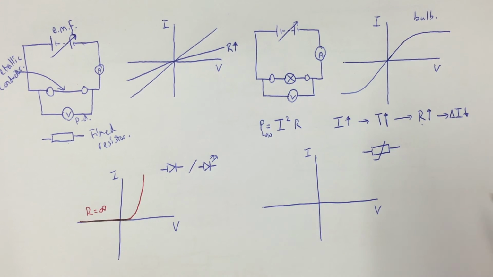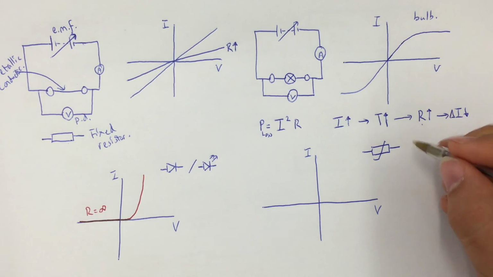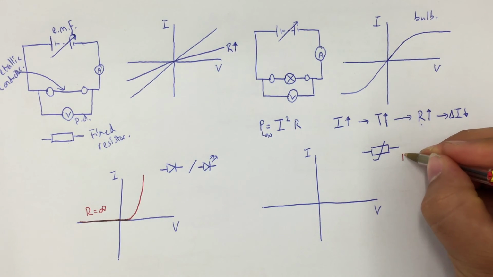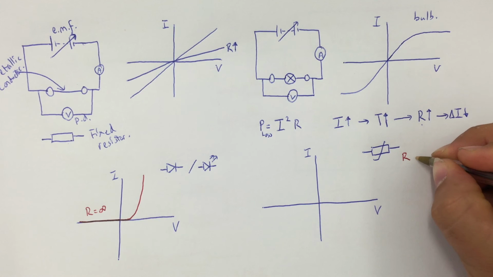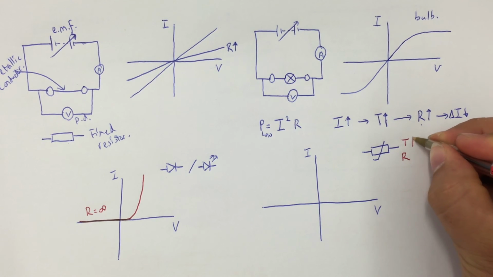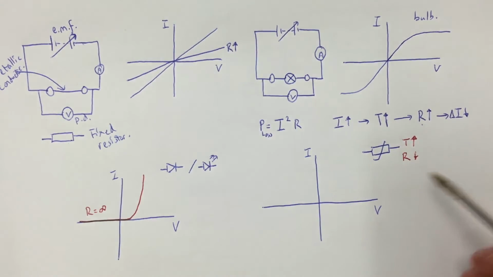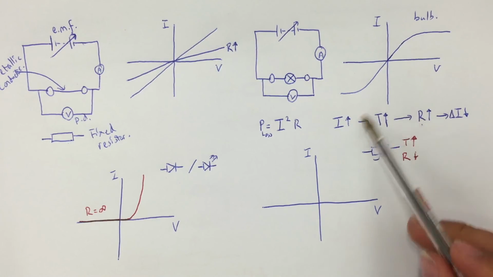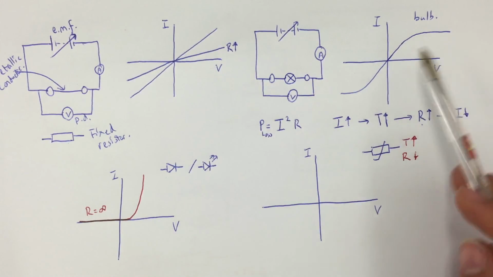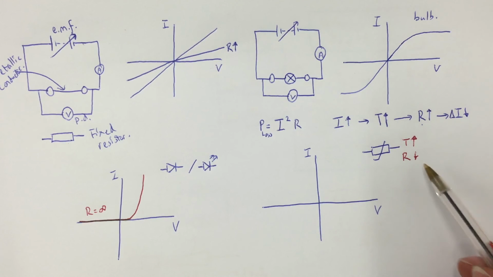Now a thermistor is related closely to the bulb, but obviously it works in the opposite way. Remember that the key idea of a thermistor is that as temperature increases, resistance will decrease. It will do the opposite of what a normal wire would do, which we talked about here, because a bulb just contains a normal wire.